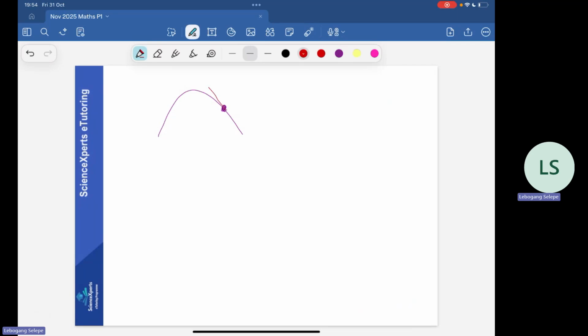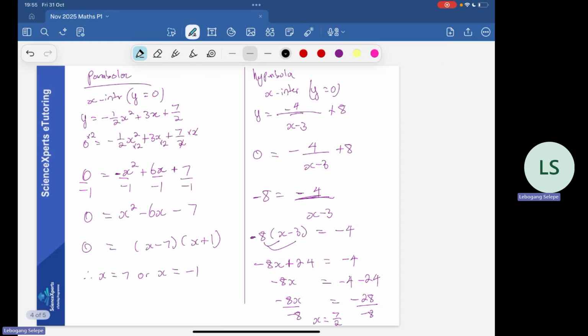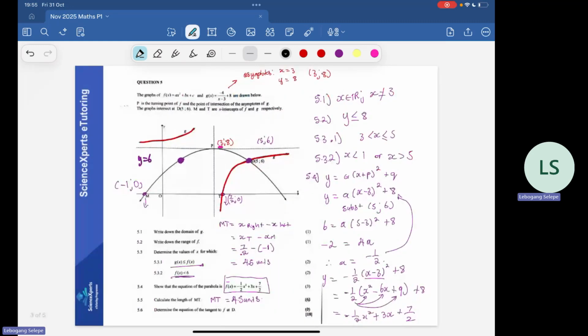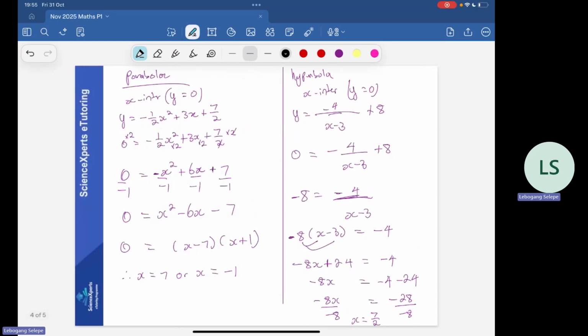So the tangent would be something that looks like this, right? And the coordinates here are 5, 6. Remember the function, the parabola, f of x is equal to negative 1 over 2 x squared plus 3x plus 7 over 2. Just to confirm so that we don't make mistakes, plus 7 over 2, right?